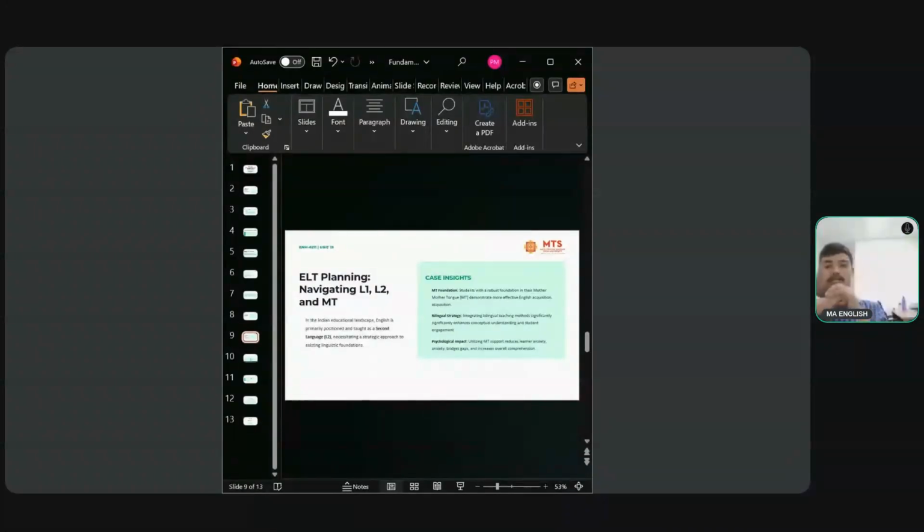A student develops literacy, thinking skills, and communication abilities in one language. These skills transfer to the new language they are learning. A student who can read and write fluently in Bengali, for example, already understands what it means to read, to structure sentences, to express ideas in writing. These skills support English learning.